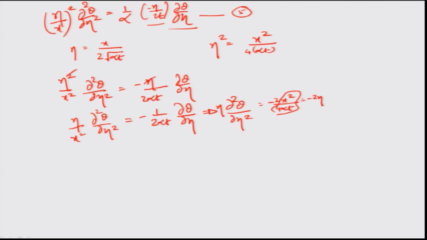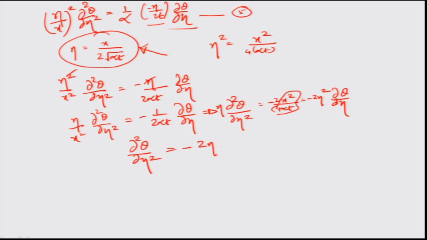So it is minus twice eta square, and this can be estimated as del theta by del eta on this side. So we are now finally left with an equation completely converted into the similarity variable eta, everything in terms of eta, and I call it del 2 theta by del eta 2 equals minus twice eta del theta by del eta.